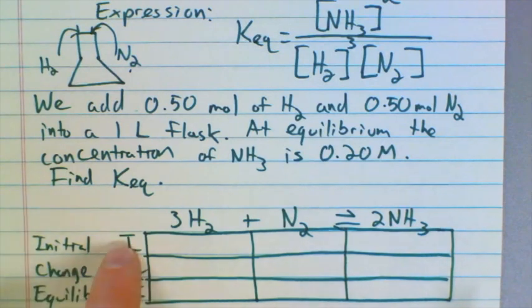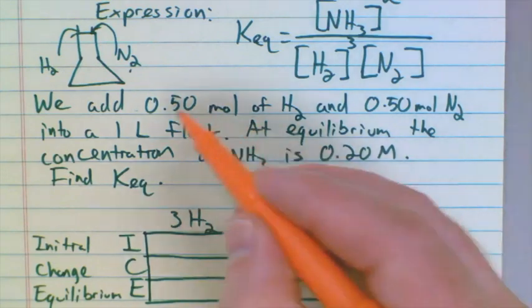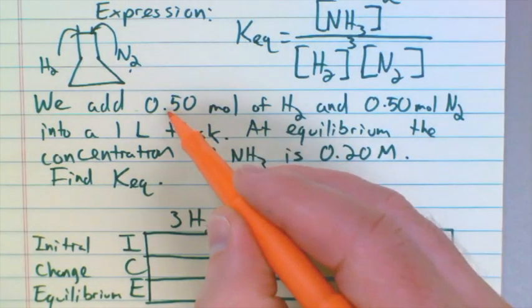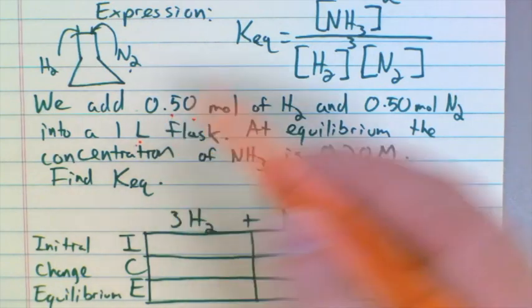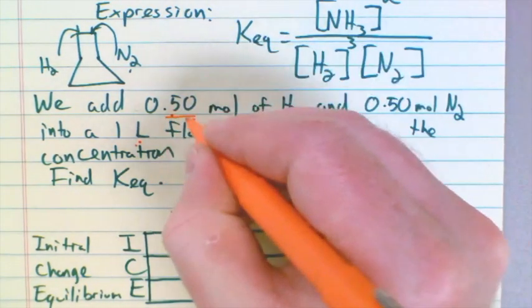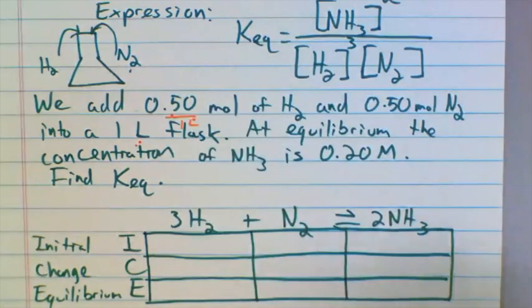Do we know the initial concentration of hydrogen? Yes, it's 0.5, because we got 0.5 moles in 1 liter. Even though there are moles here and liters here, remember that it's moles over liters, so it's still going to just be 0.5.